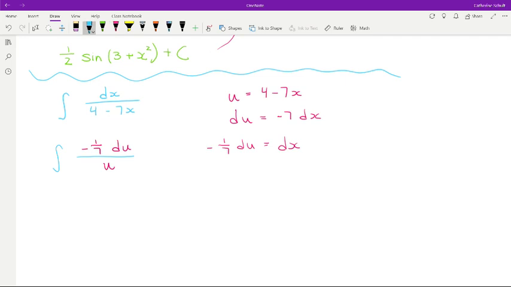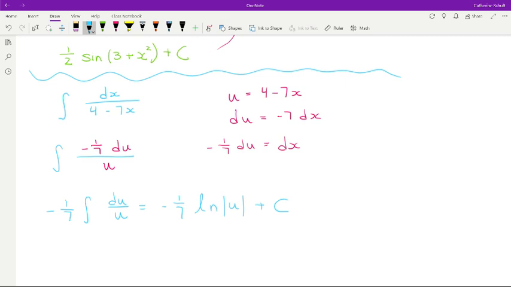And now this is much more manageable. I'm going to bring that constant factor in front of the integral sign. And again, we know how to take the integral of du over u, or 1 over u. That's the natural logarithm. Okay, and then since it's an indefinite integral, we're going to add that plus c.